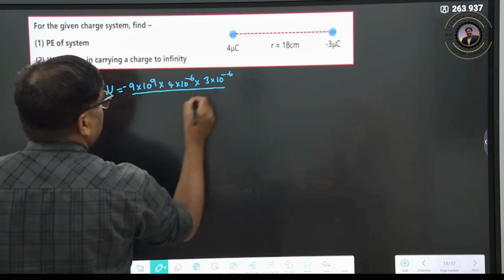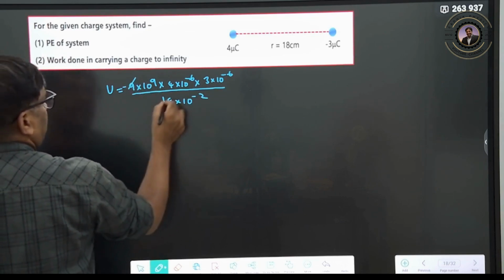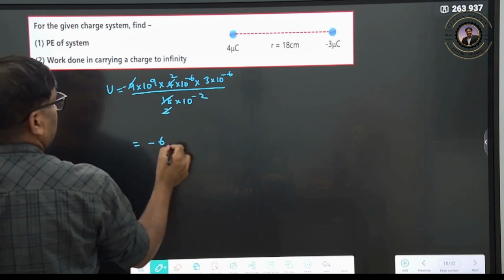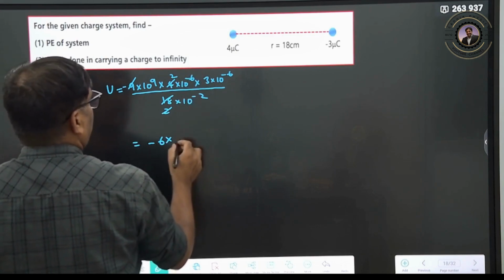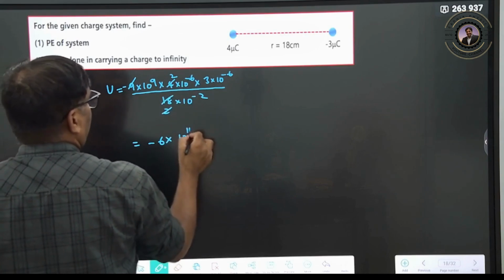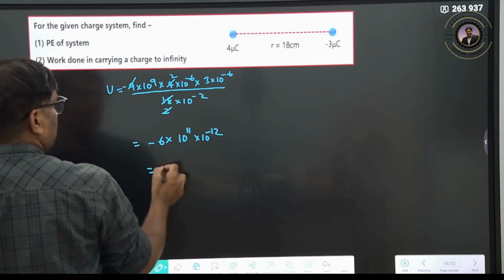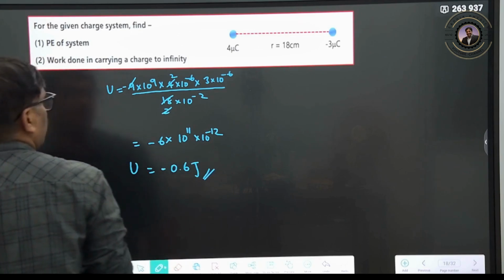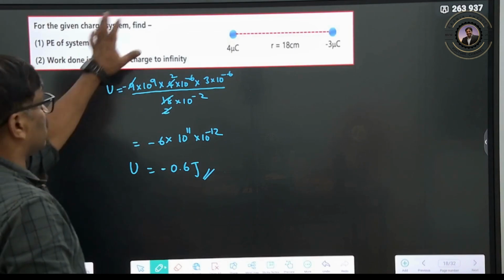So divided by the distance, which is 18 into 10 to the power of minus 2. So 10 to the power of 9, minus 6, minus 6, 11 into 10 to the power of minus 12. How much will it be? So minus 0.6 joules. This much amount of potential energy was present in this system.